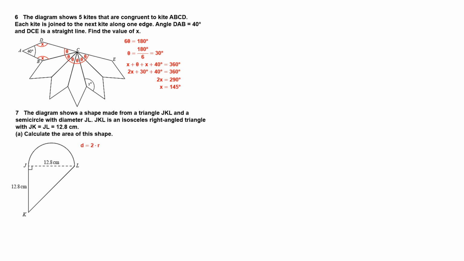The diameter is always twice the length of the radius, or d equals 2 times r. So you must first determine the radius. The area of a semicircle is calculated as half the area of a full circle. In short, to find the area of a semicircle, divide the area of the full circle by 2.